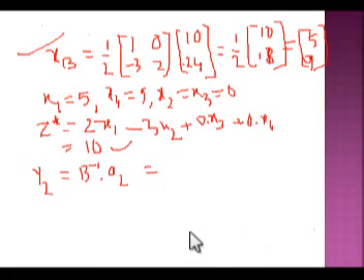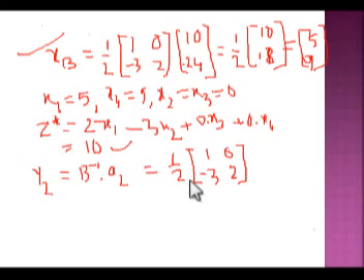B inverse is given. We have already found it. This is 1 by 2, 1, minus 3, 0, 2. Remember the vector a2. You can go back and play back the video to watch that a2 was given.